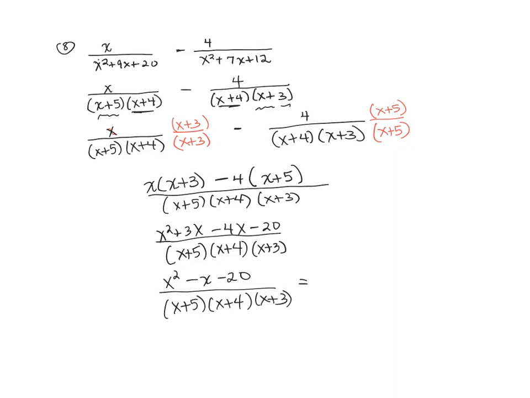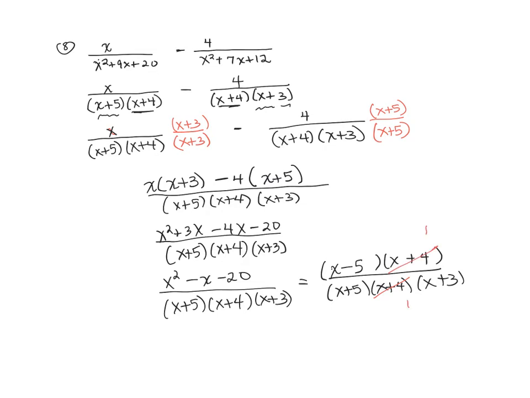We can factor the numerator into two factors of negative 20 that add up to negative 1, or negative 5 and 4. And we see that we can divide through by just an x plus 4.